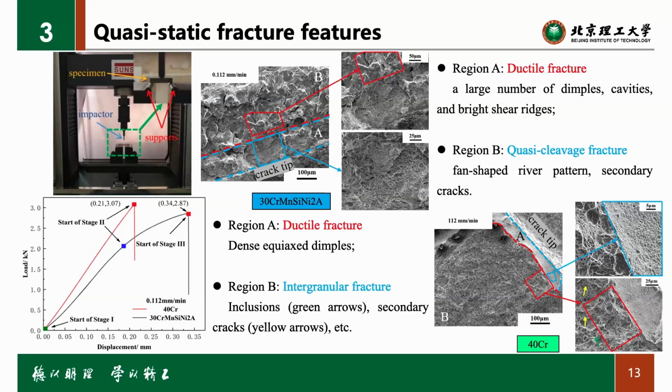And for 14CR, region A is similar to the 13CR. It's just a ductile fracture, which is characterized by dimples. And region B is different. It's an intergranular fracture. There are inclusions, as the green arrows show, and secondary cracks.